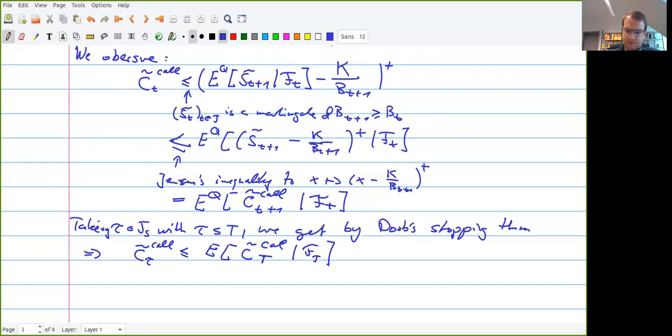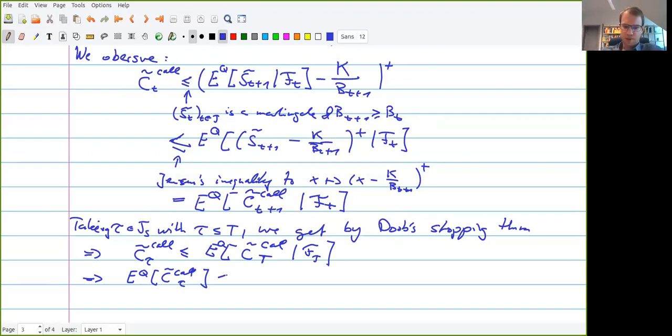And now we take the expectation with respect to the martingale measure Q again.